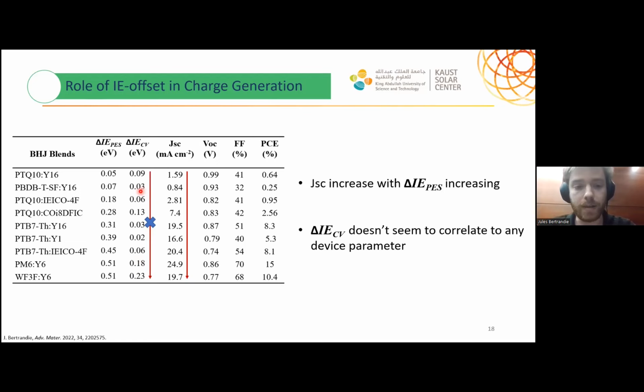In the case of the CV, you have both blends with low charge generation and high charge generation, where you see a low offset. So you can see here that this is another clue that in the case of the CV, we cannot correlate to the device property, compared to the PES values.